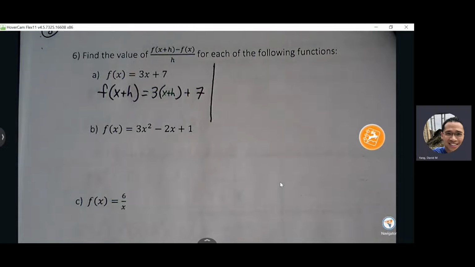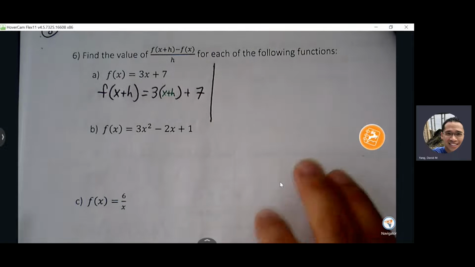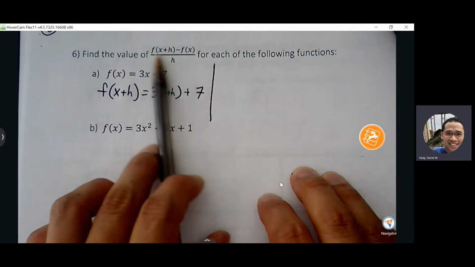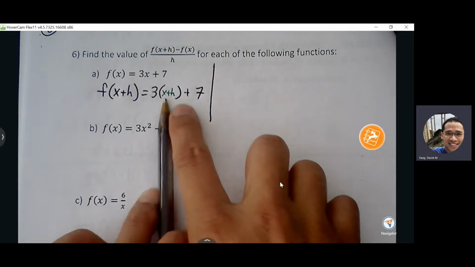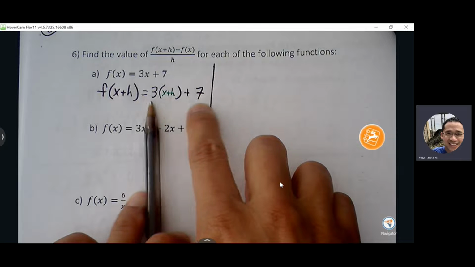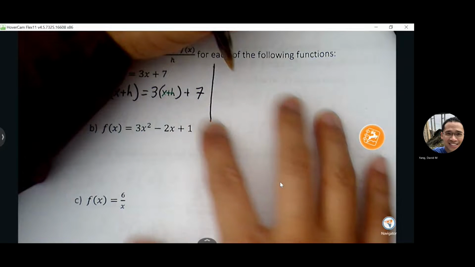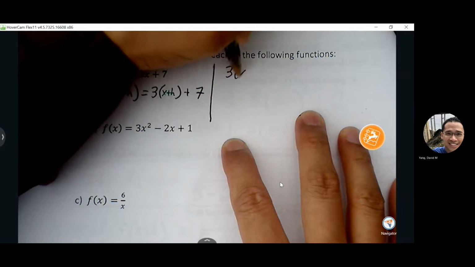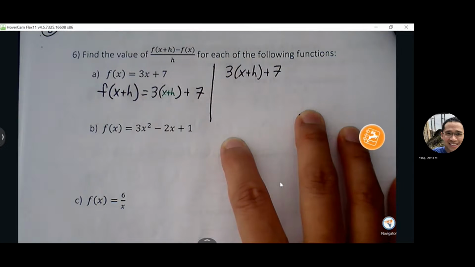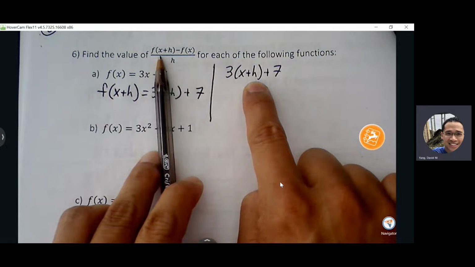Okay, so now that I have all my pieces, I'm going to start replacing my numerator and get the numerator out of function notation. Okay, so f(x) plus h, I have a perfect replacement for it. We built that just now. We're just going to follow along.